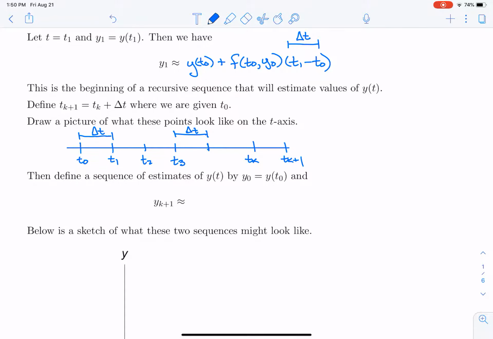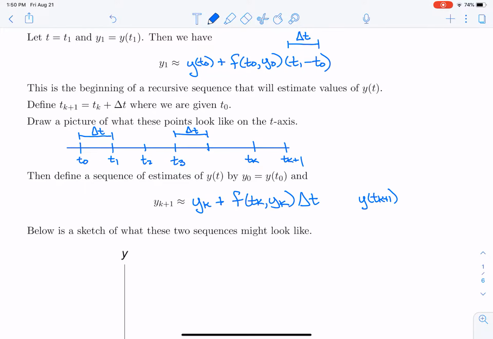And I get that by starting at yk, and then I add the derivative at yk, which is f of tk, yk. And then I multiply that by the distance between the two time points, which in this case is going to be delta t. So yk plus 1 is going to approximate what we believe the true solution is, which is y of tk plus 1.